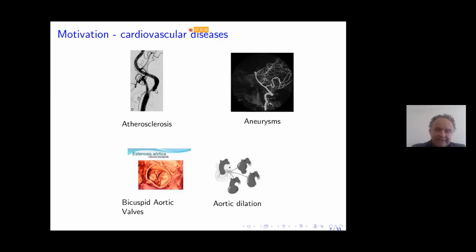And then when we have the branching, we will see that we have a narrowing here. So the radius, the space available for the blood to flow, will decrease. Atherosclerosis is a type of inflammatory disease which leads to a deformation of the arterial wall itself, and that will lead to this narrowing.